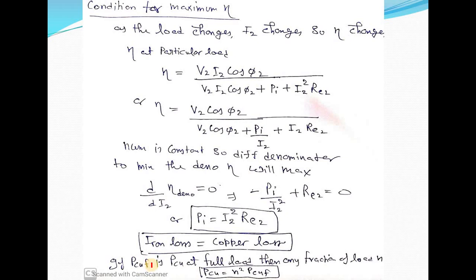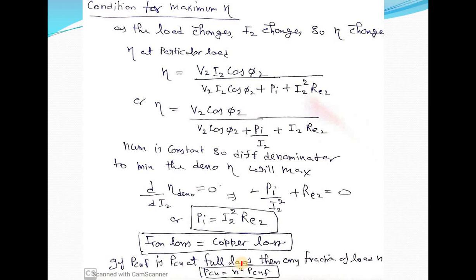Let PCUF be the full load copper loss. Then at any fraction of the load, suppose we decrease the load to the nth fraction of the full load, then the copper loss PCU at that nth fraction of the load is equal to n squared times PCUF, as we have also mentioned in an earlier slide.